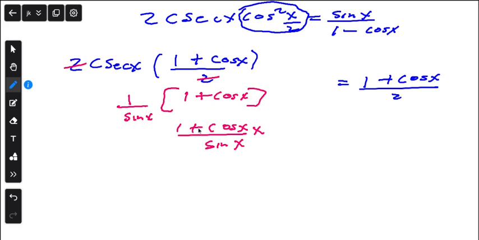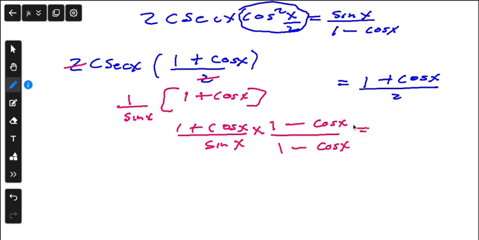Now most of the time we consider the denominator part for the conjugate, but in this case the one that we're going to consider is the numerator, because it is having 1 plus cos x. What is the conjugate of sine? You can't say it is negative sine, no. So this one is the one which is having the conjugate. So we have (1 minus cos x) divided by (1 minus cos x).